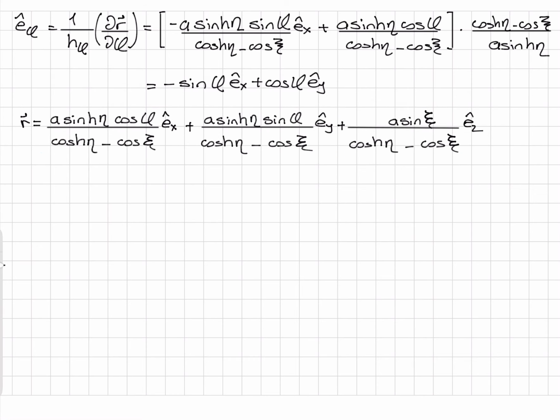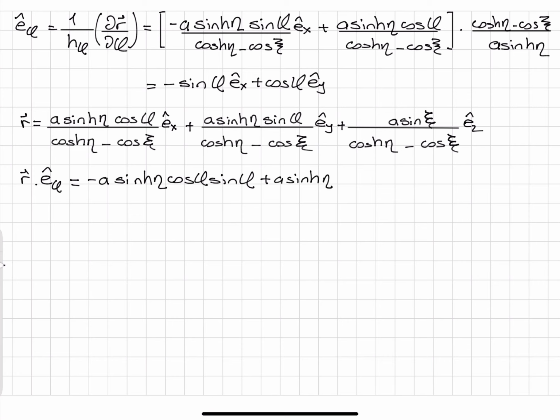So we can calculate r dot e phi hat, and that is equal to minus a sine hyperbolic eta cosine phi sine phi for the x parts, and for the y parts I will get plus a sine hyperbolic eta sine phi cosine phi.